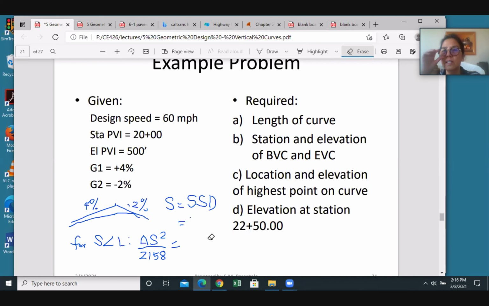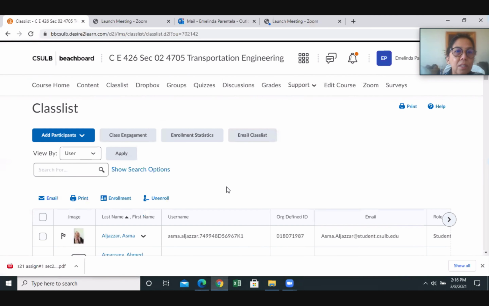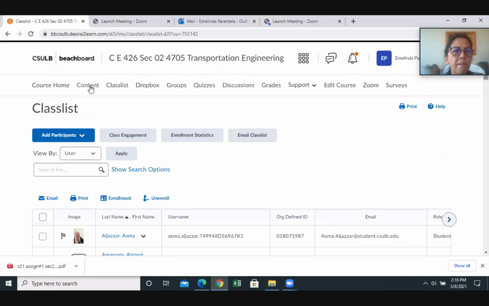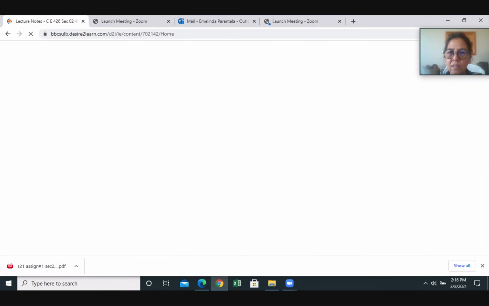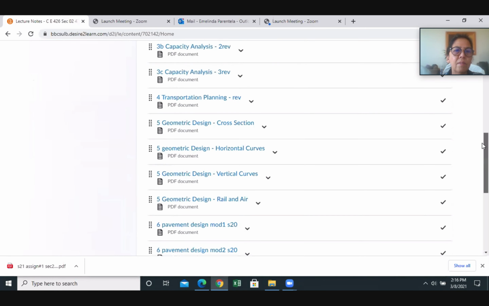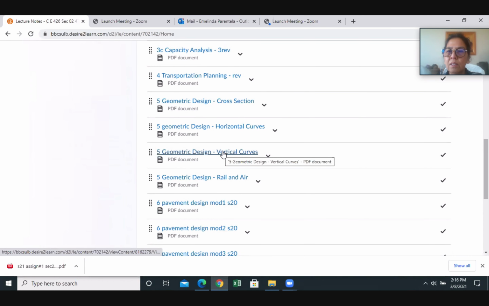You can't access the lecture notes on Beachboard? It's not on Beachboard. Let's check. Use this notebook.